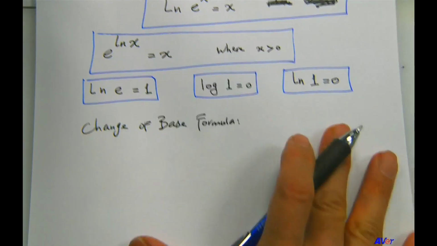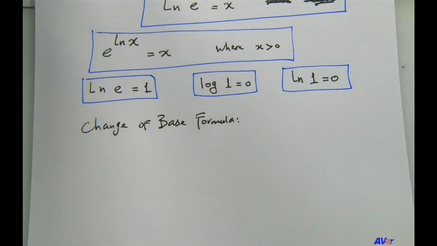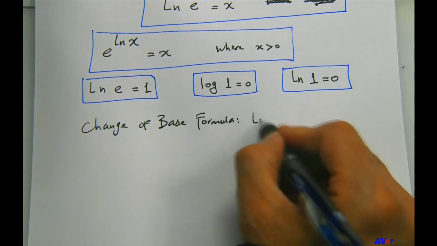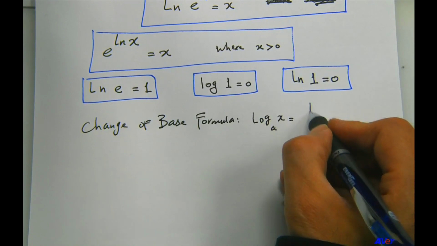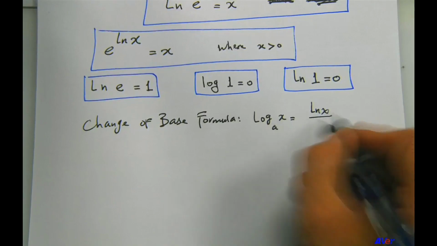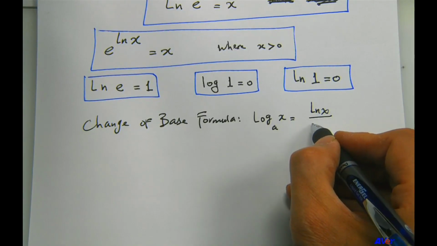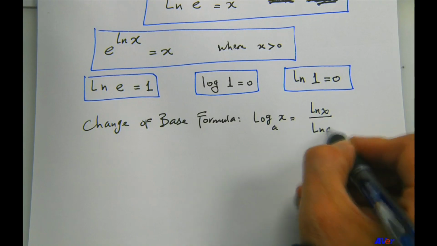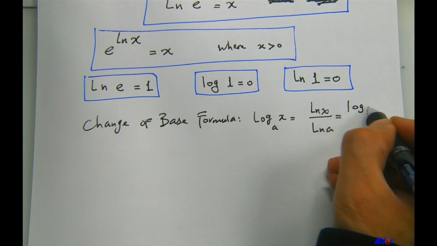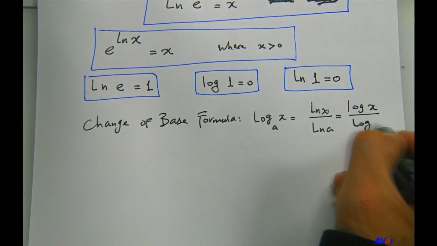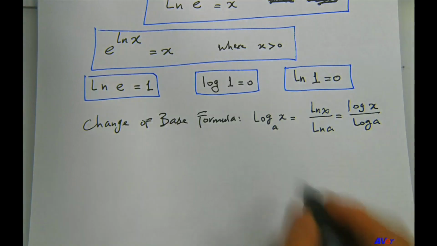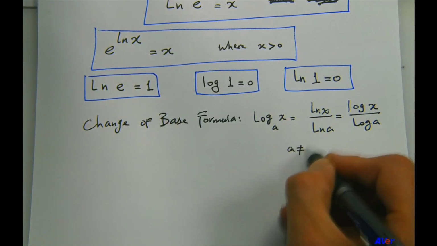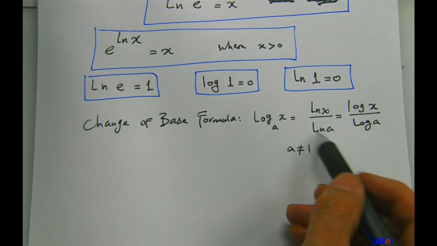So log of x to base a is equal to natural log of x divided by natural log of a, also equals log of x over log of a. And of course a is not equal to 1, because we would get 0, right? And we don't want 0 in the denominator.